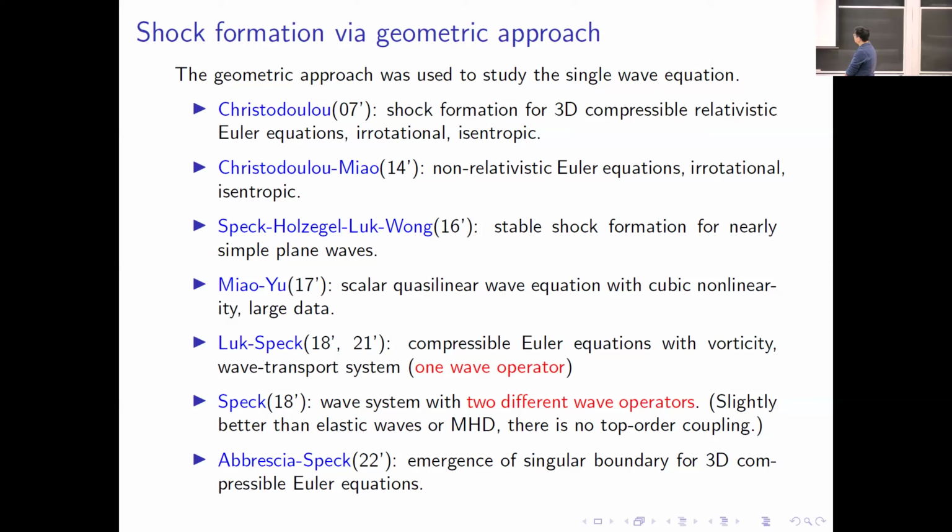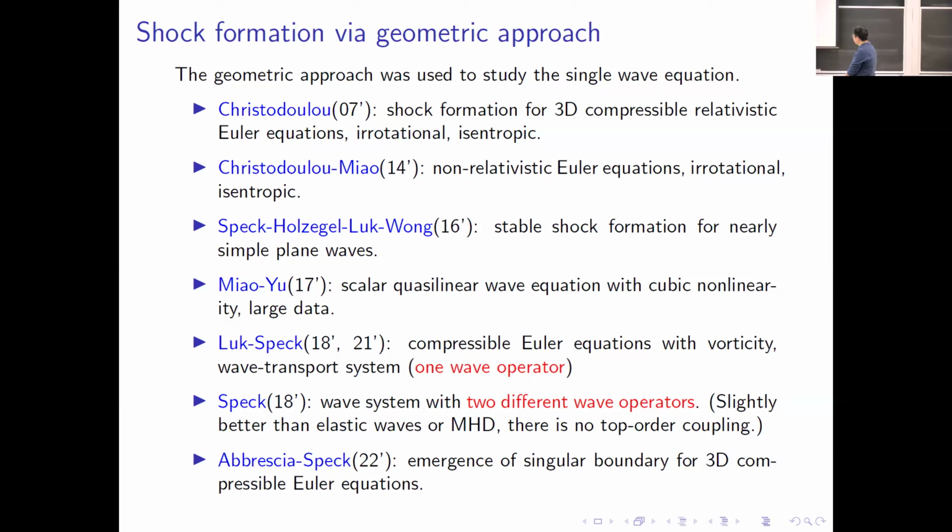He showed shock formation for the 3D compressible relativistic Euler equation under irrotational and isentropic conditions, and he introduced the inverse foliation density mu. As mu goes to 0, you can see that there is a shock formation, and he found the formulas, the top order energy estimate and so on and so forth. A descent scheme to show the shock formation.